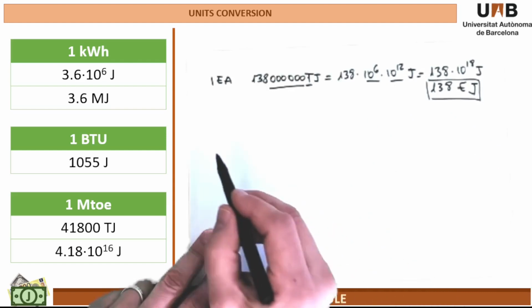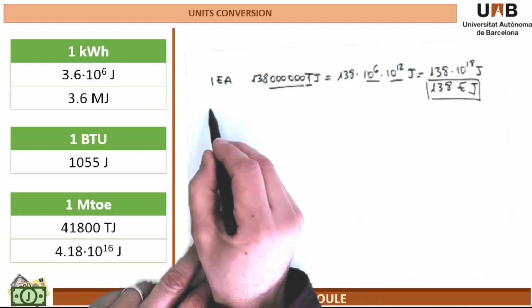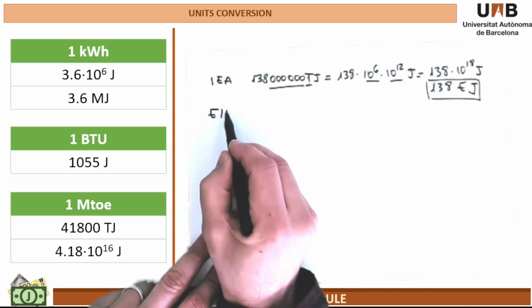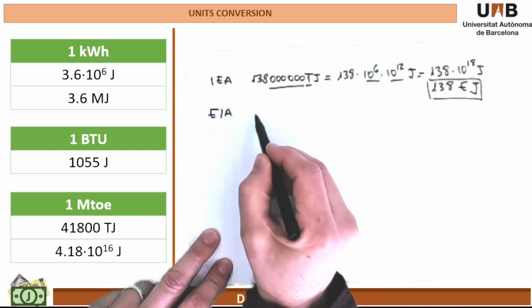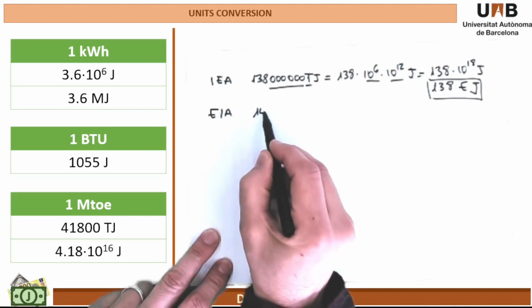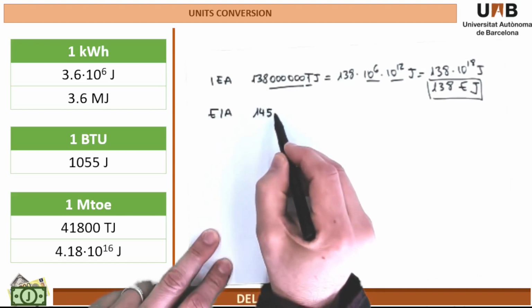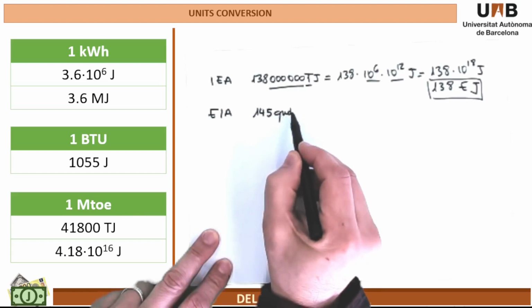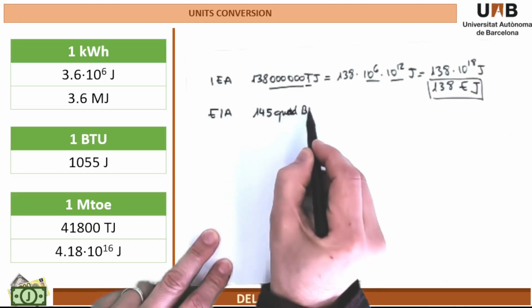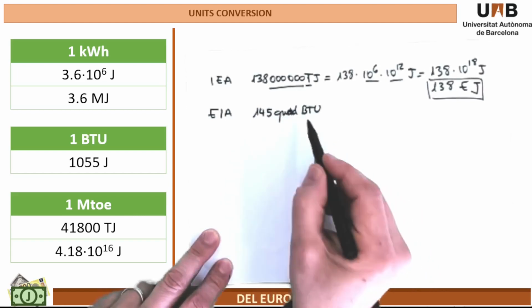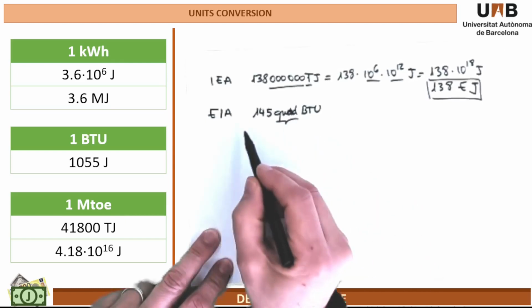On the other side, EIA gives us the value of 145 quadrillion BTU. We need to transform this quadrillion.